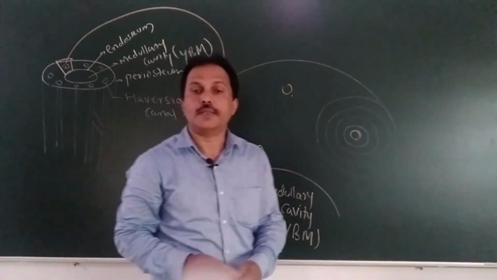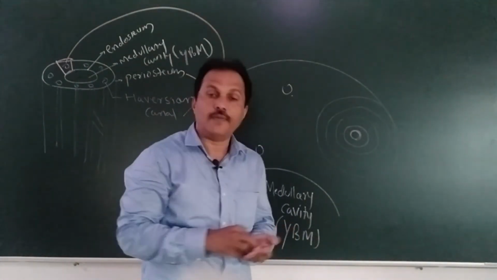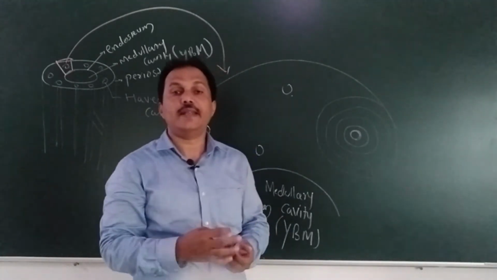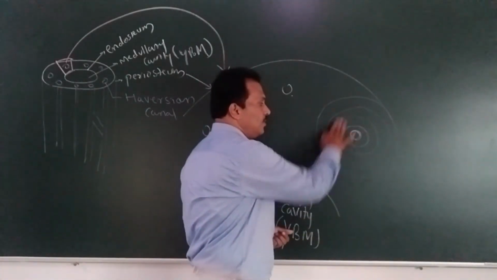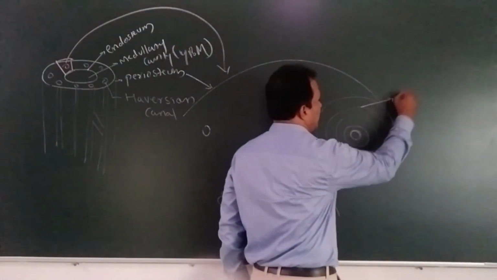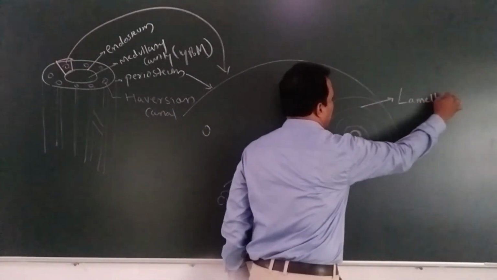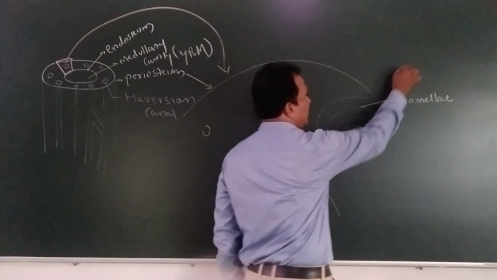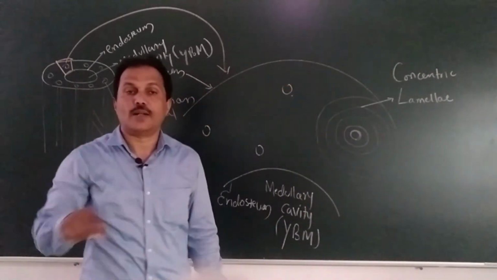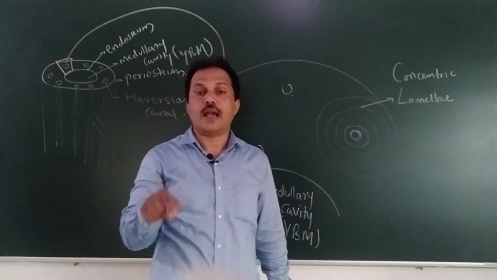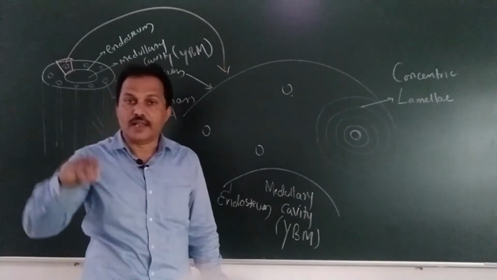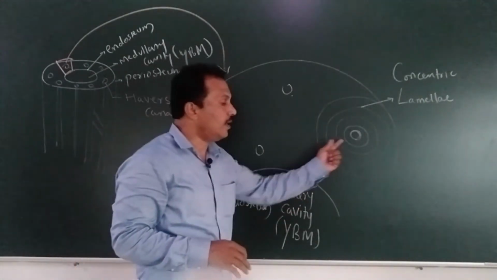These different layers of bony matrix are known as lamellae, and since they are in the form of concentric rings, they are known as concentric lamellae surrounding the Haversian canal.